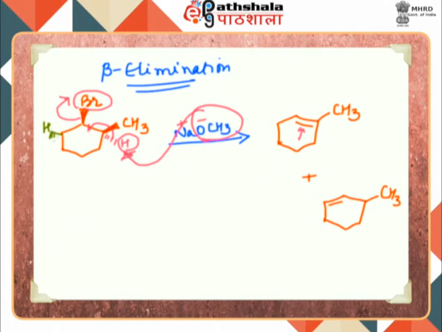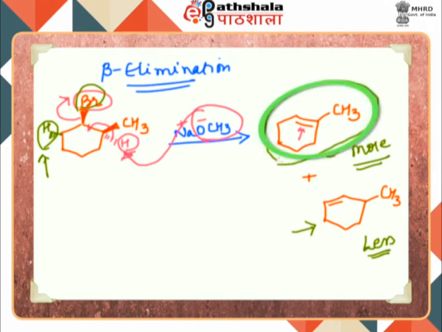Because this also, if you look, is in anti-positioning to this Br, and if this is taken out it will lead to the formation of this particular alkene. But out of this and this, this is a more substituted alkene which is more stable over this one which is less substituted and is less stable, and hence this more substituted alkene is the major product that we get here.